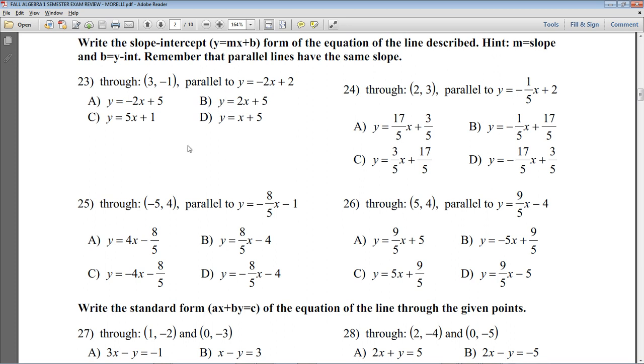All right, so let's set this up again. I'll write down number 23. Number 23 says passing through points 3, negative 1, and then parallel to y equals negative 2x plus 2.